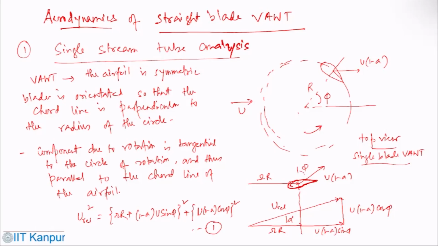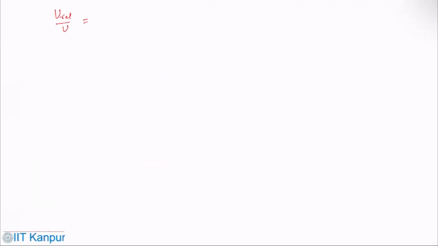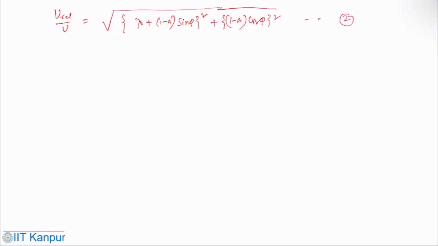So we can rewrite U rel by U as root over (lambda plus (1 minus a) sin phi) squared plus ((1 minus a) cos phi) squared, where lambda is omega r by U, which is again the tip speed ratio. So that's what you have.